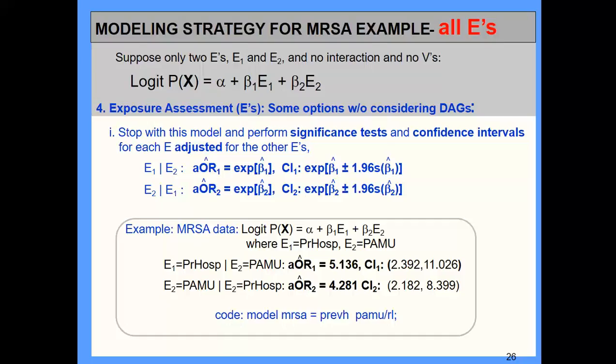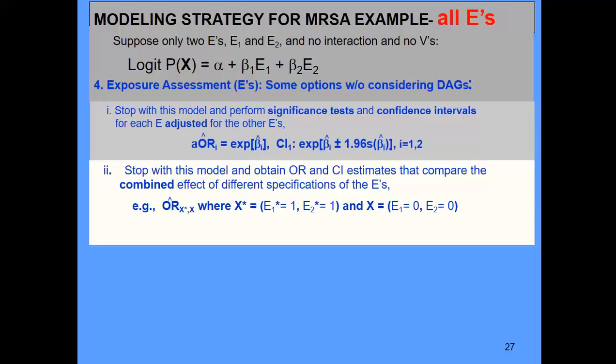And that's what number 2 is, and that's the one I described to you when I was describing how you might go about the analysis process. Number 2 says, again, stop with this model. Don't try to reduce the model. You're going to keep these 2 variables in the model. But you're going to focus on it differently.